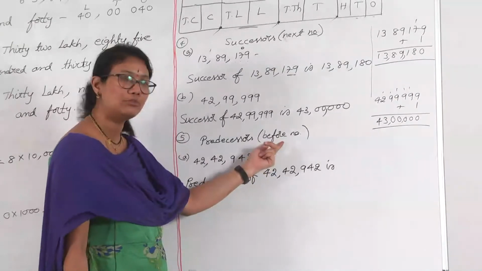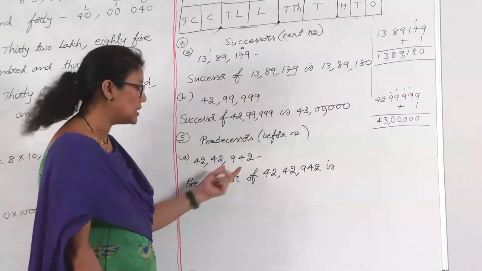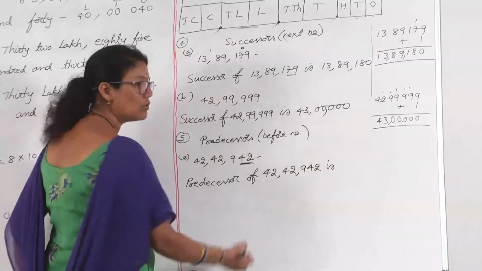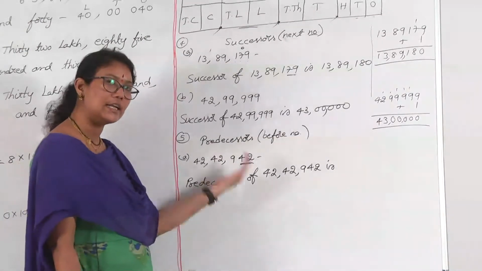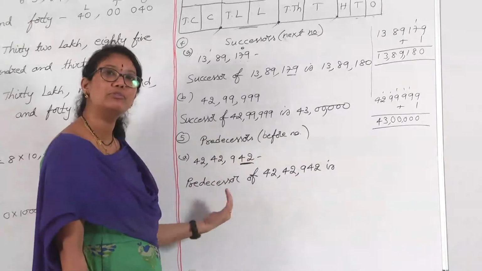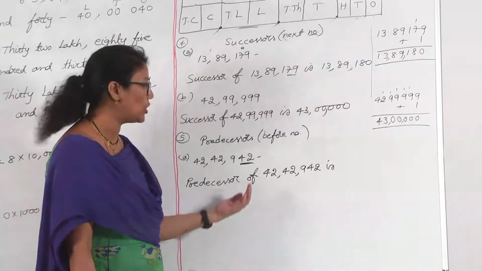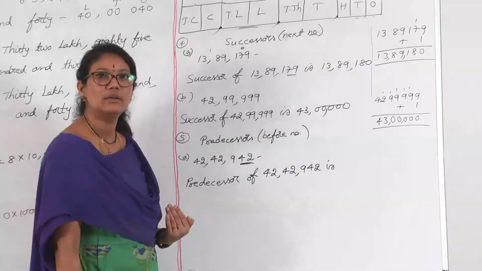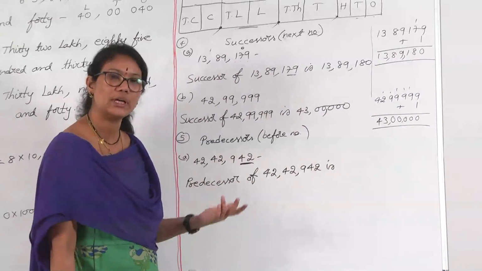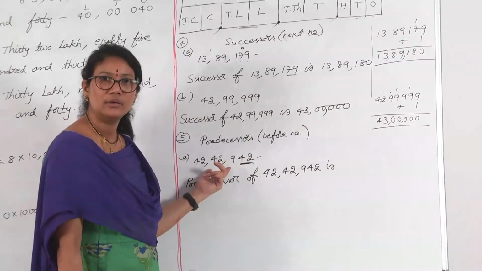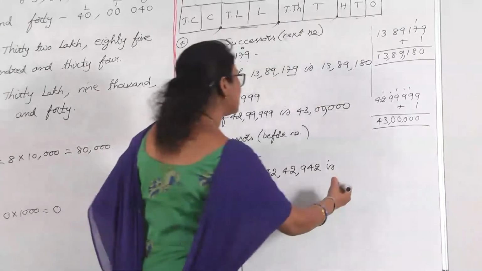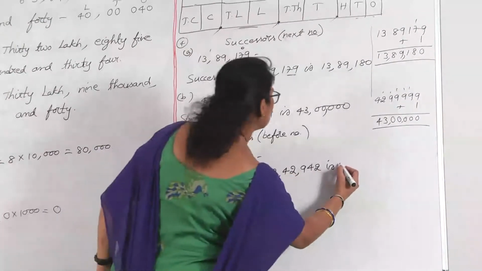We have to write the before number of the given number. Check out the last two digits, it is 42. Recollect what the before number for 42 is. The before number for 42 is 41, or you can subtract 1 from the given number. You can write it directly, otherwise you can subtract and write.